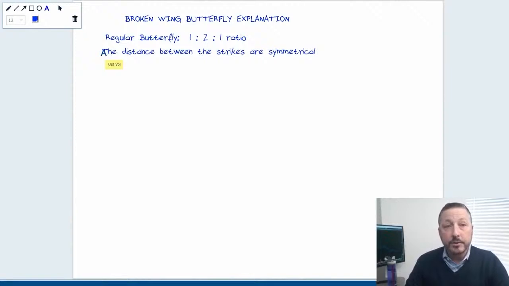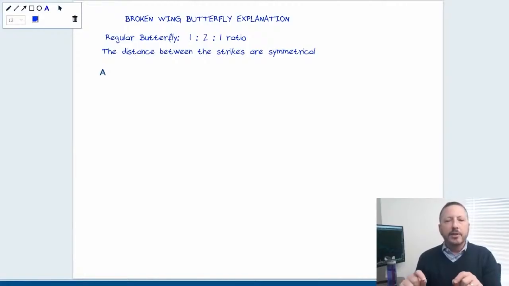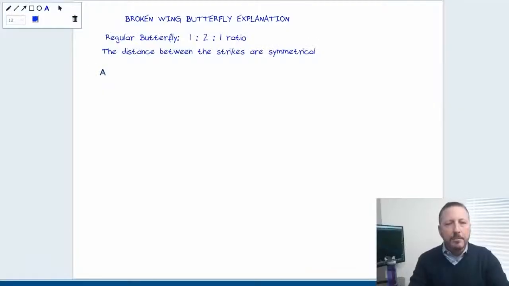The difference between a regular butterfly and a broken wing, and actually before I go into that, let's talk about why the wing. In option terminology, the wings of a spread are known as the outer options, the outer strikes. The middle is known as the guts.